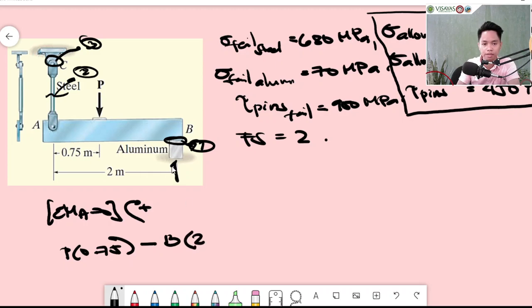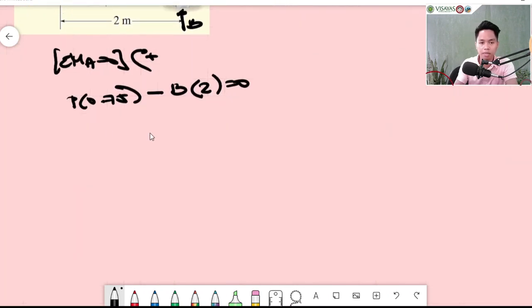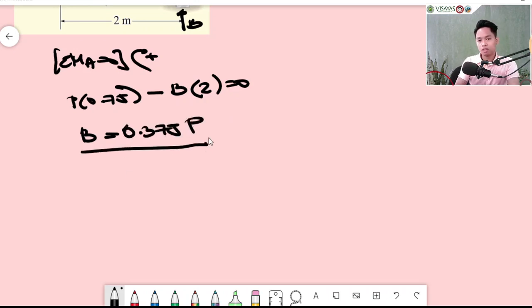So na diri B, then na po diri si AC. Pababaw, tension man na siya. Is equal to 0. So therefore our B in terms of P is 0.75 divided by 2. That is 0.375 P. That would be our equation 1.